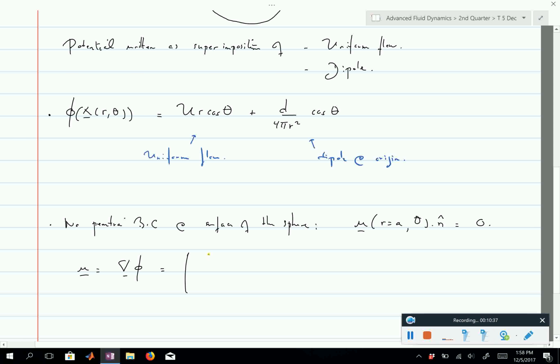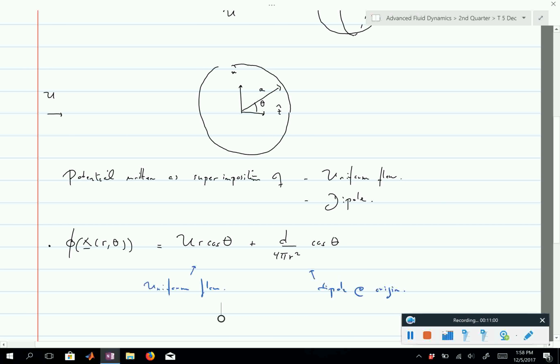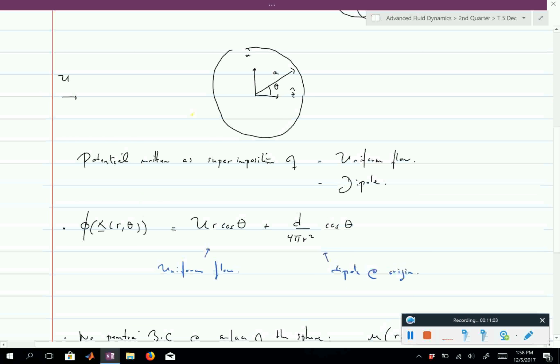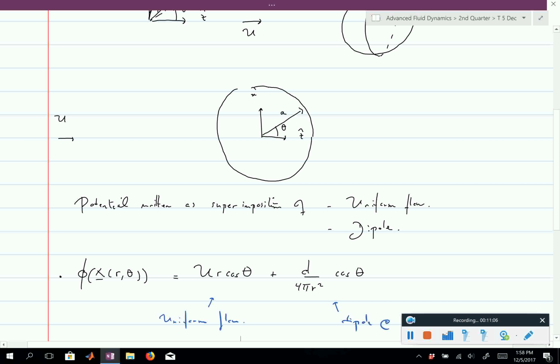So at any point at the surface of the sphere, r is my unit vector pointing in the radial direction, and theta is the unit vector pointing in the positive theta direction, so it's going upwards here.